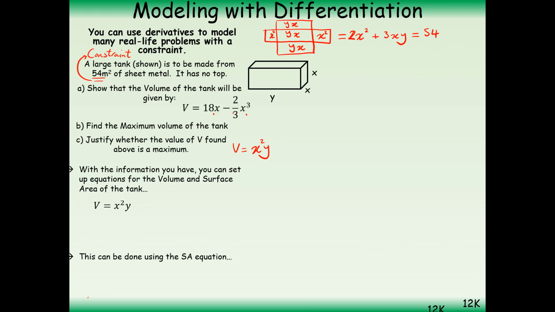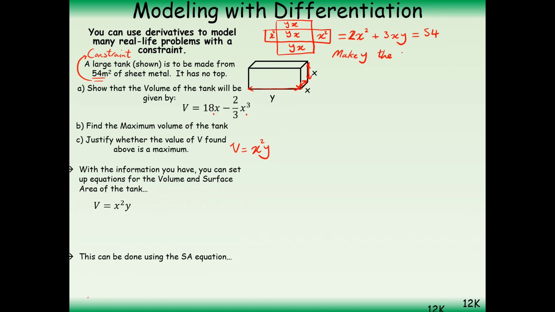Somehow we will make y the subject of this formula so that we can insert it into the volume function. The volume function is x squared y. Think about it: a cuboid has volume of all three dimensions multiplied with each other. Okay, so that's what we're doing.